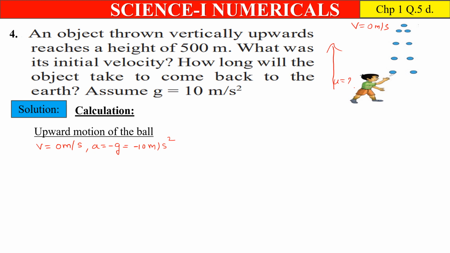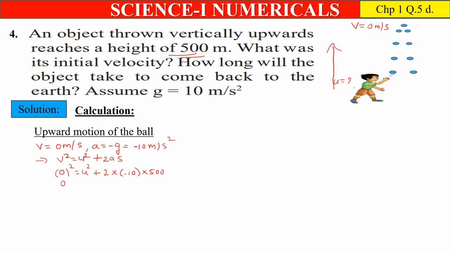So according to the formula, v square is equal to u square plus 2as. The value of v is 0 and initial velocity we need to find. So we'll be writing 2 into a. The value of a is minus 10 into the value of s is 500. Displacement in this question is given 500 meter.